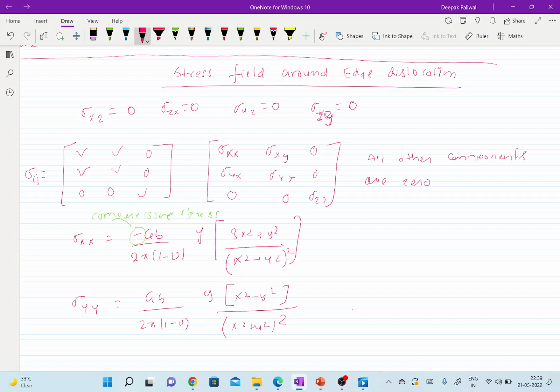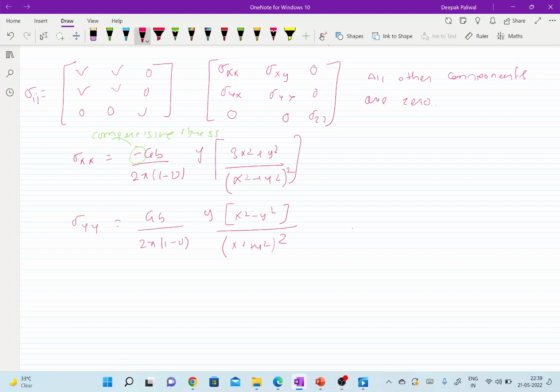Again we have sigma xy, which is equal to Gb over 2 pi (1 minus nu), the Poisson's ratio, times x(x square minus y square) on (x square plus y square) whole square. Sorry, this is not plus, this is minus.